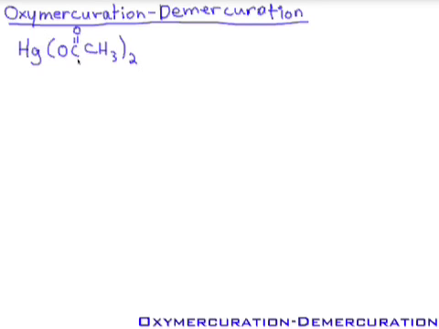If you dissolve mercuric acetate, mercury is 2 plus, acetate is 1 minus, so you have 2 of them. This will dissociate in solution to mercury with just 1 acetate on it. And it'll be positively charged.